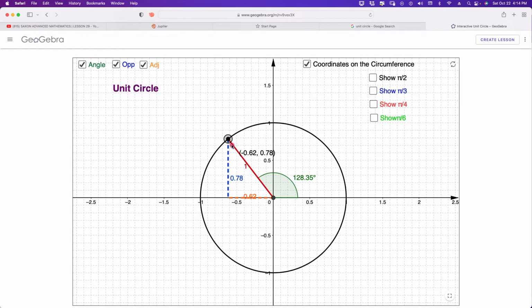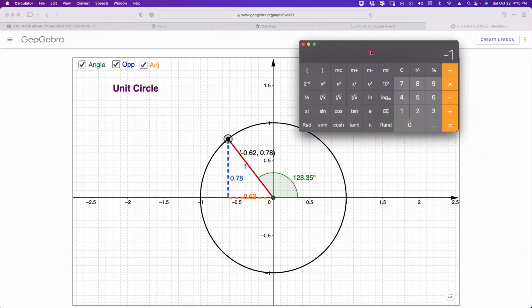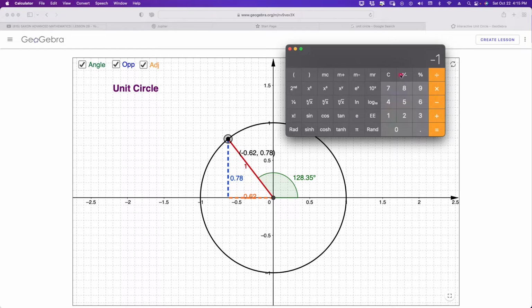For instance, if the hypotenuse of this triangle was 5, then the length of this leg would be 5 times 0.78, 3.9 long. Does that make sense?